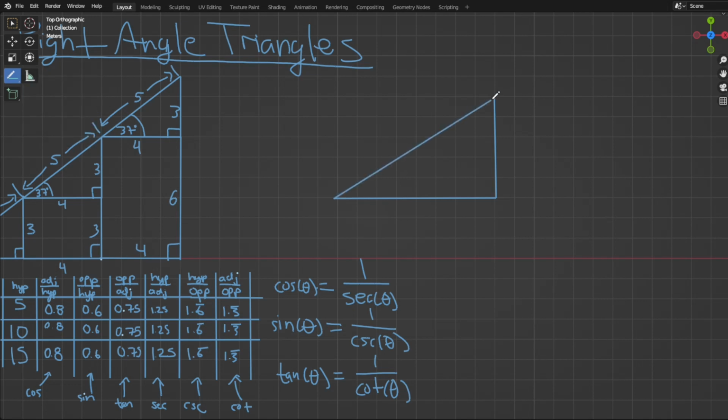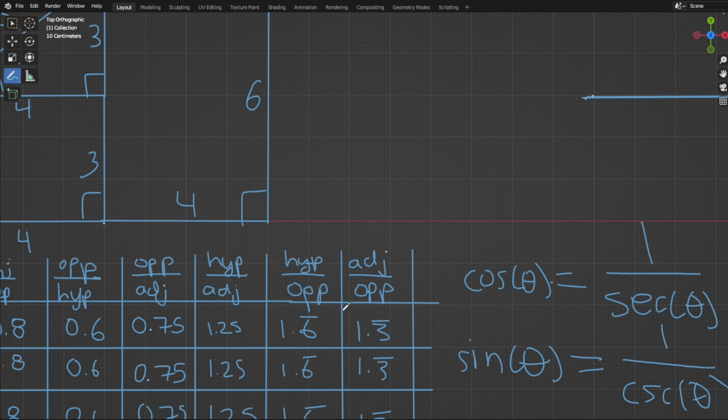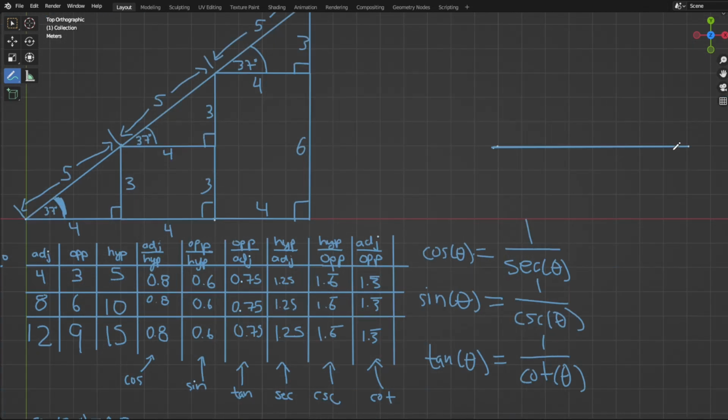Well, as you get the angle smaller and smaller and smaller, it degenerates to just a line. And with the line, you have almost zero height. And if you have something with zero height and you try to divide by it, well, in this case 0 would be the opposite because the angle's on this side, then these columns are undefined.